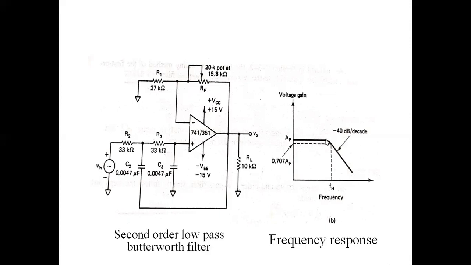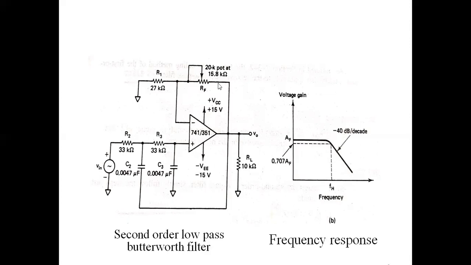Lower frequencies are allowed to pass up to our critical frequency, or cutoff frequency FH. After that the gain or the frequency response decreases. This is called the pass band, and this is called the stop band of the filter.